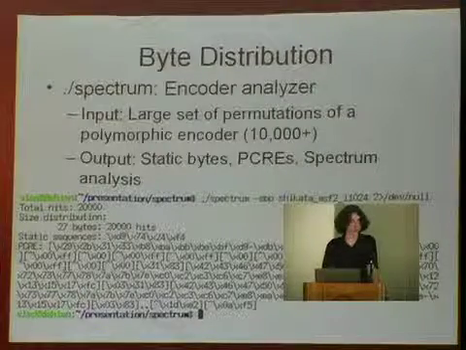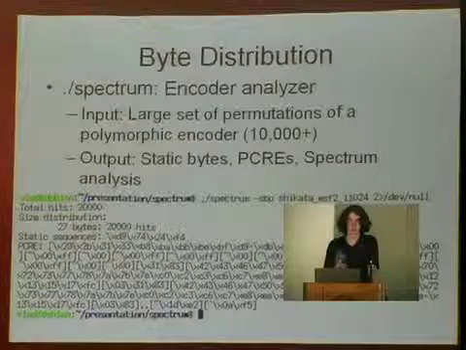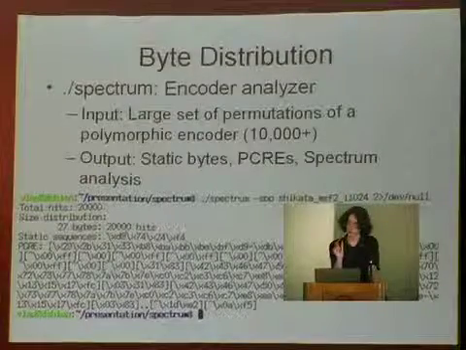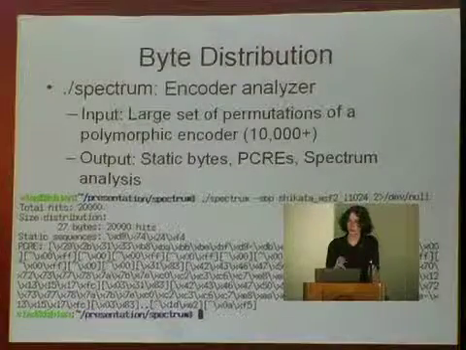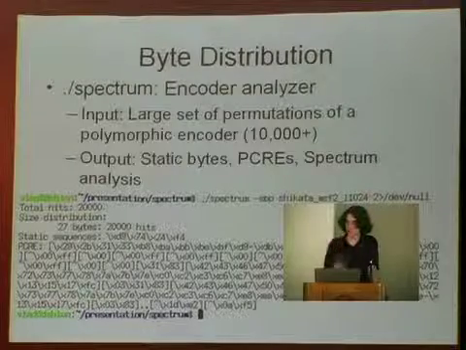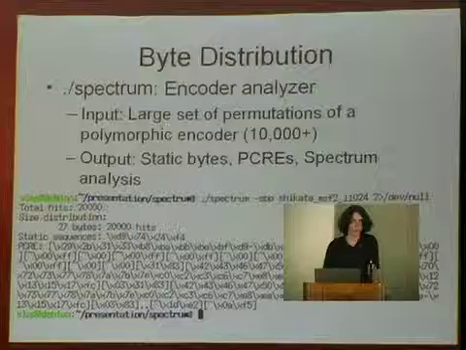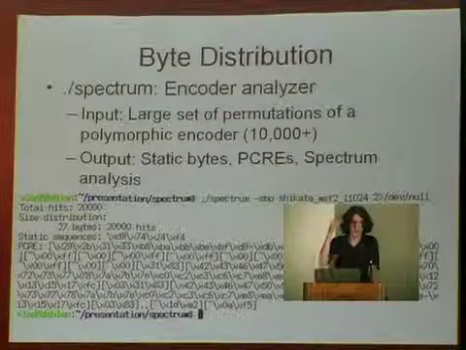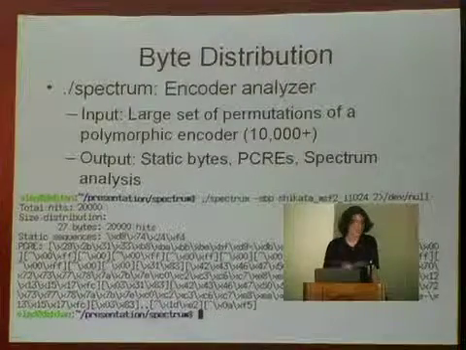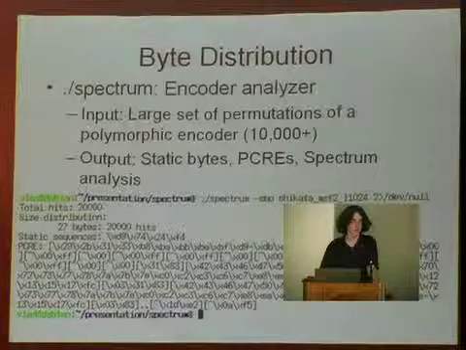What you can do with this is look at every single byte in every single one of those encoders, and you can say only these bytes actually occurred in all 20,000 or 50,000 encoders. So it's statistically probable that these are the only ones that are going to occur in the encoder at any time.